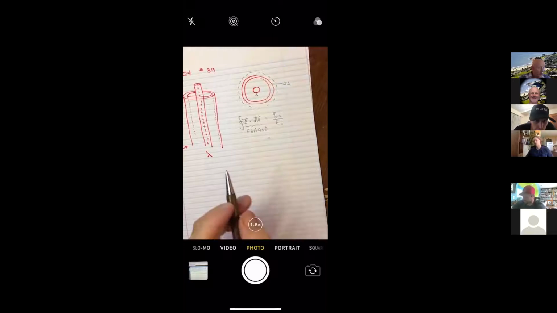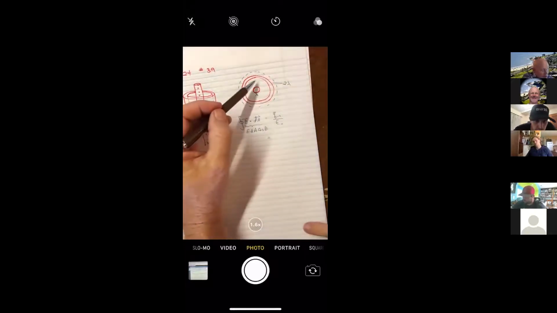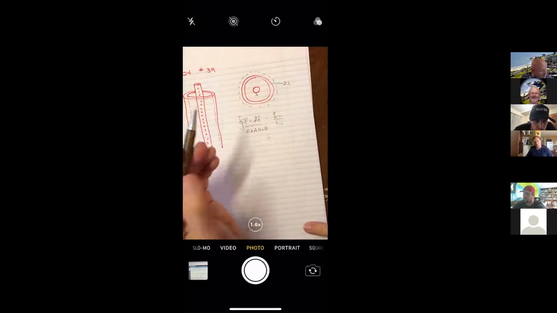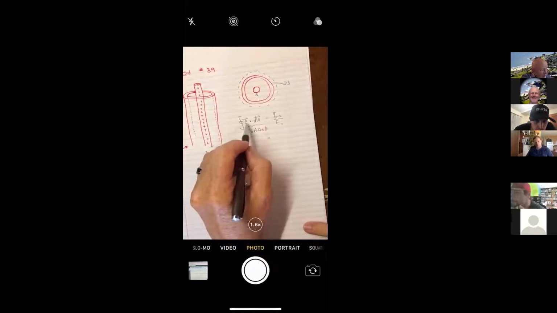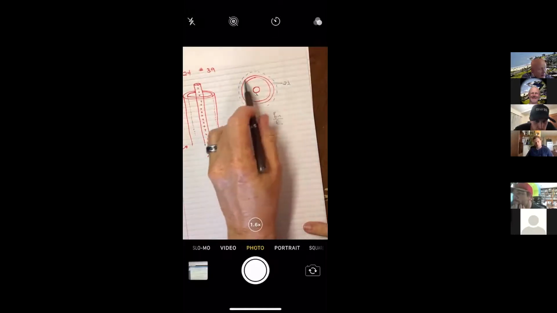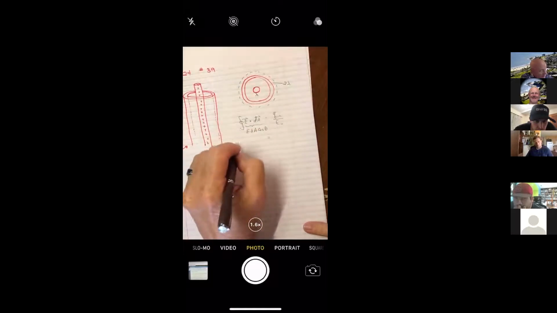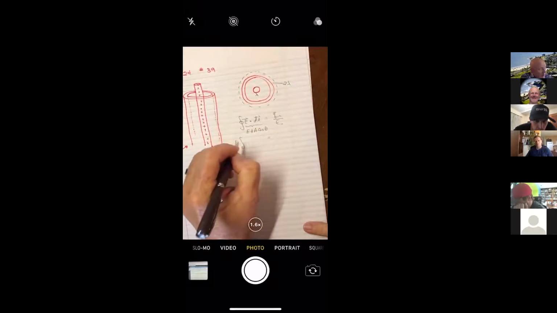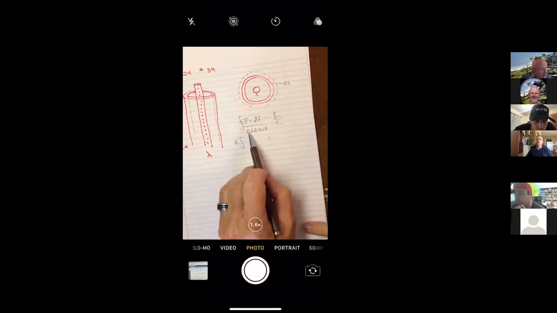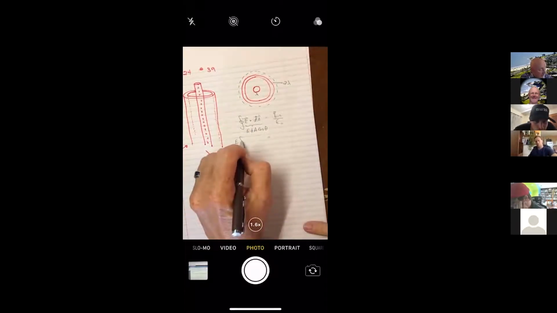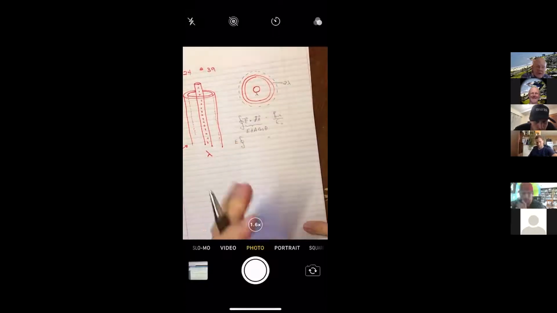Here's how the argument goes. If the charge is symmetric, the field must be the same value everywhere on this Gaussian surface. Knowing that this is a constant magnitude, I can pull it in front of the integration. That's a part of our calculus.